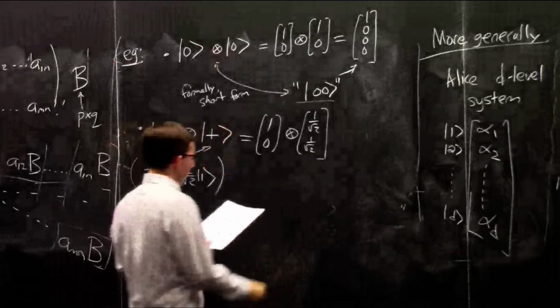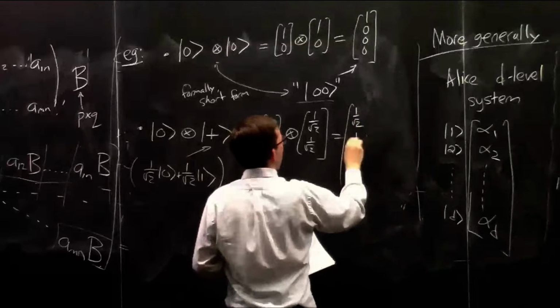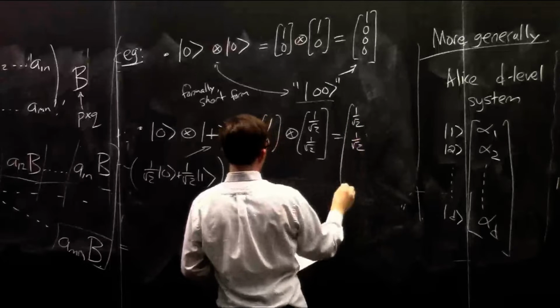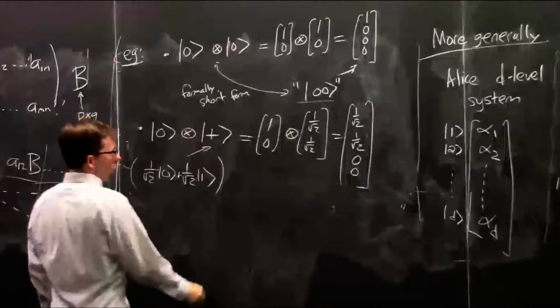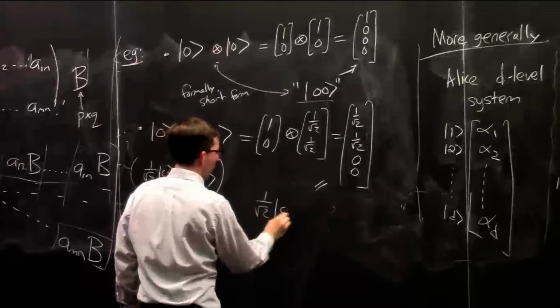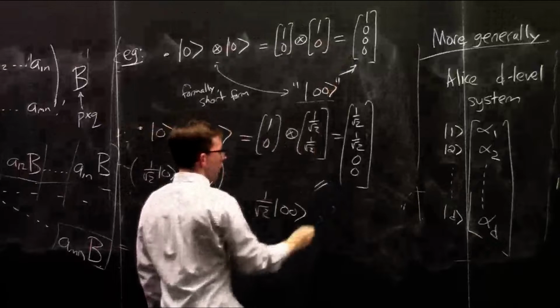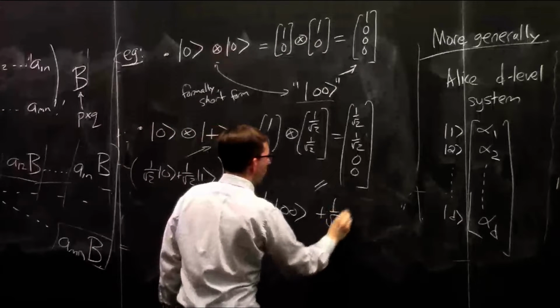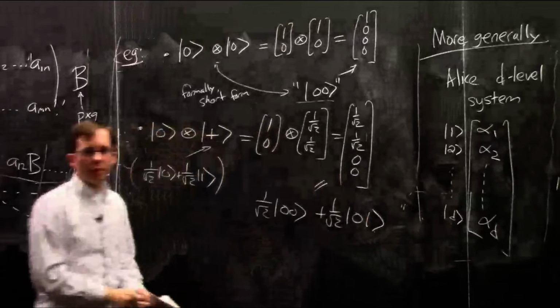And according to this rule, it's 1 over root 2, 1 over root 2, 0, 0. Which we might also write as 1 over root 2 ket 0, 0. Right? This is the name of the first basis vector. Plus 1 over root 2 ket 0, 1. That's the name of this basis vector.